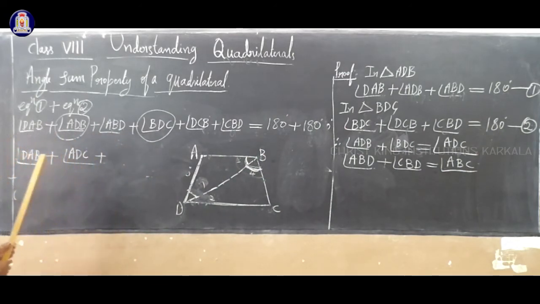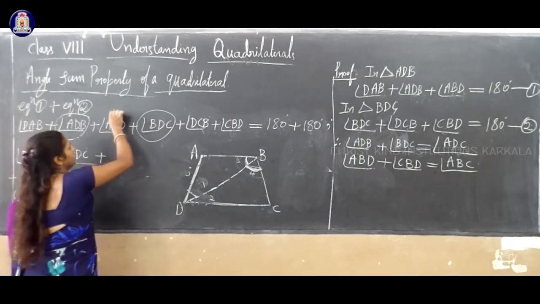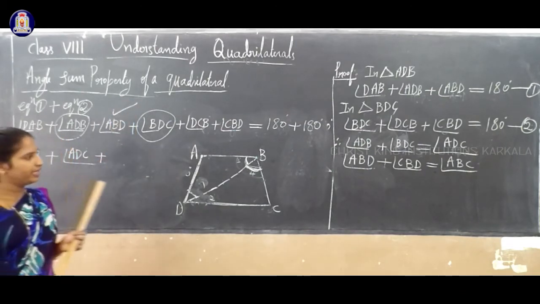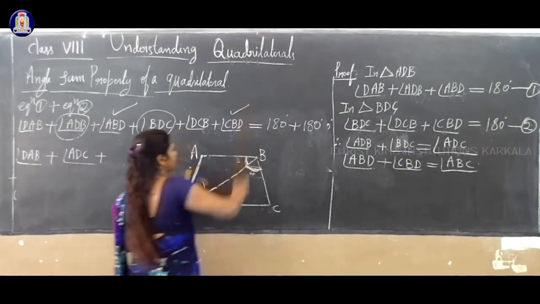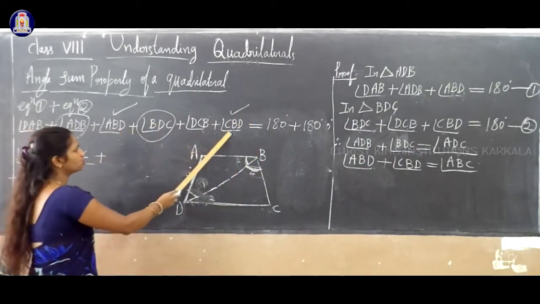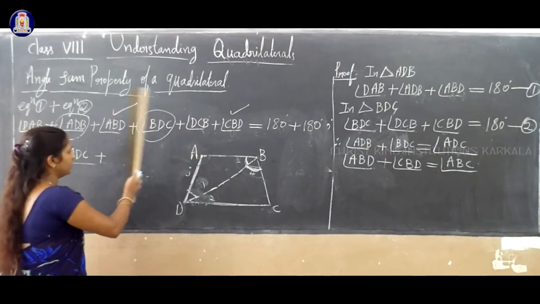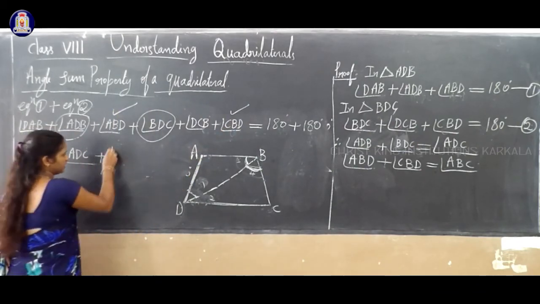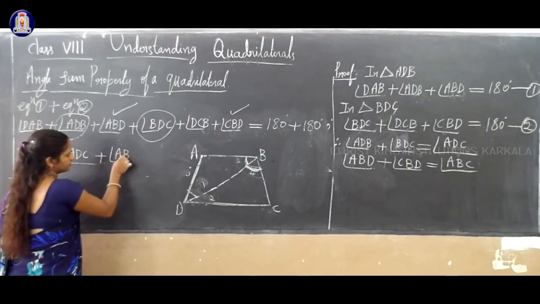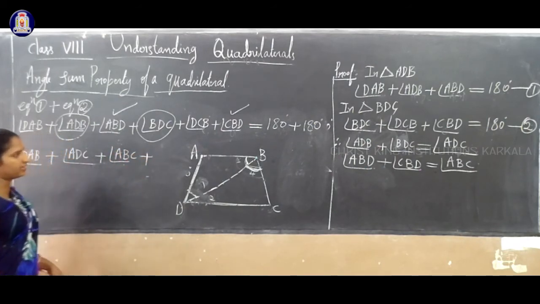Where is the ABD angle? Here it is. Another one CBD is here, right? So if you add angle ABD and CBD, we will get angle ABC. Clear?